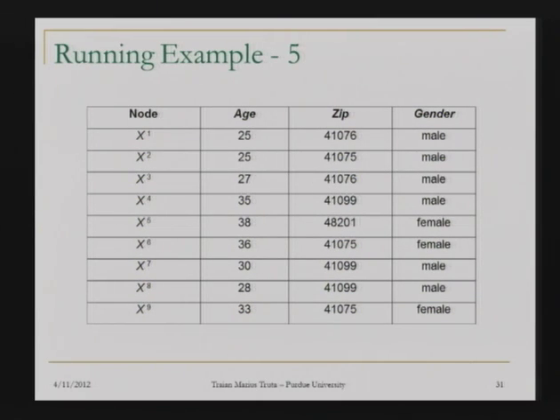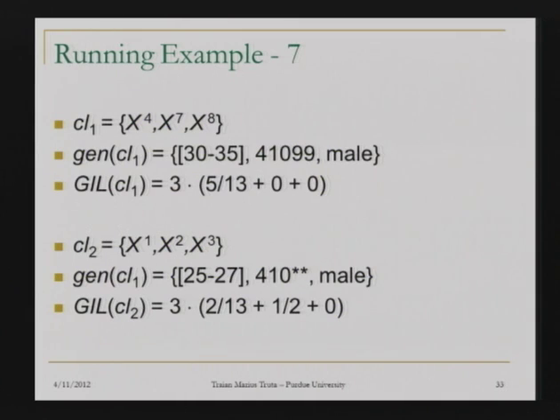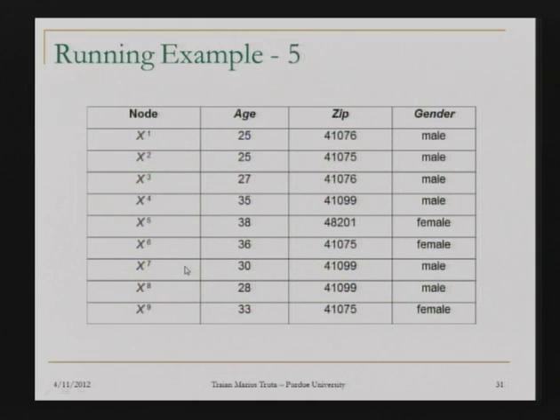We have x1, x2, and x3 in a cluster, and we want to generalize the values of ages. Between 25 and 27, we create this masked graph. So x1, x2, and x3 is actually the second example here. We have age values 25, 25, 27. So the generalization for age is 25 to 27, this interval.